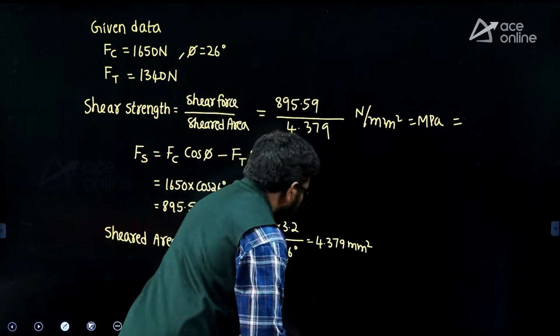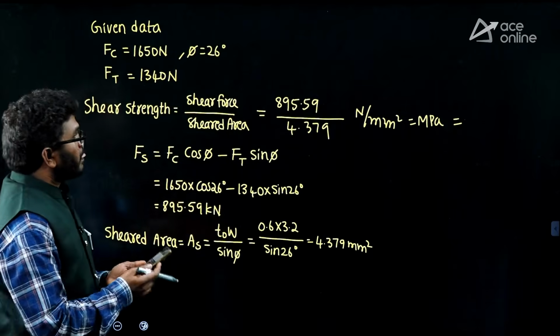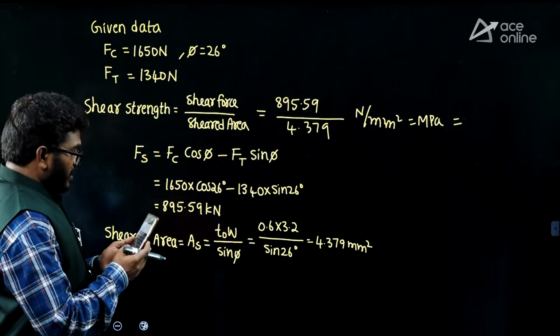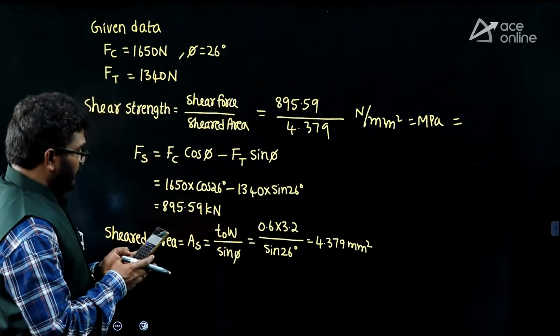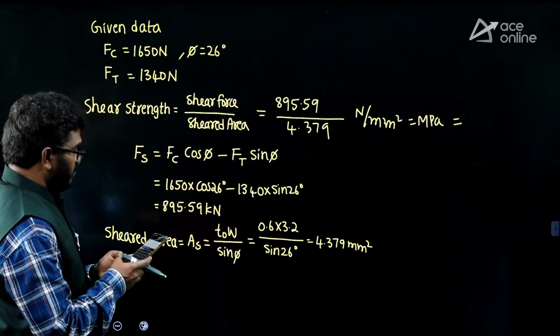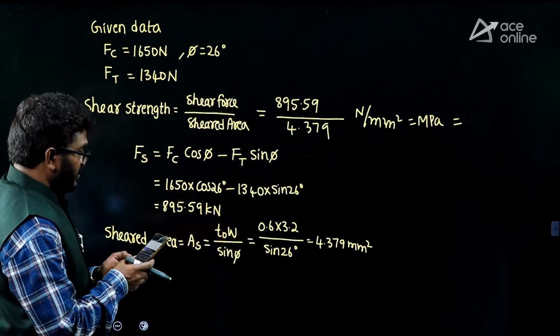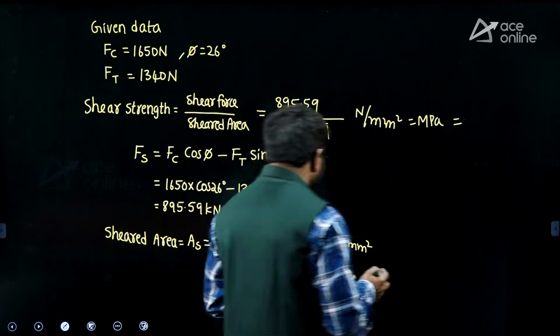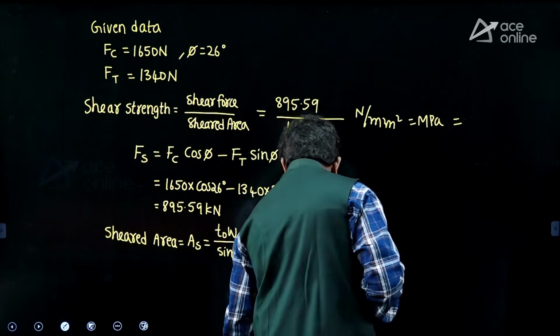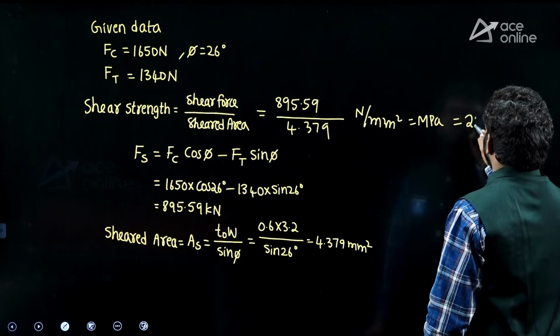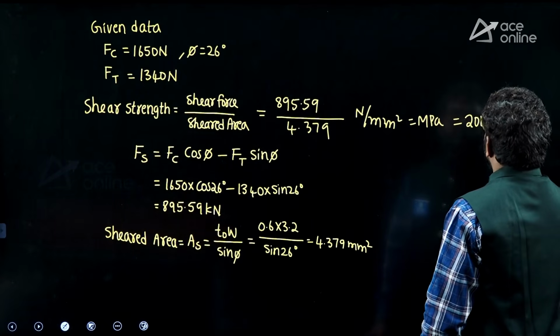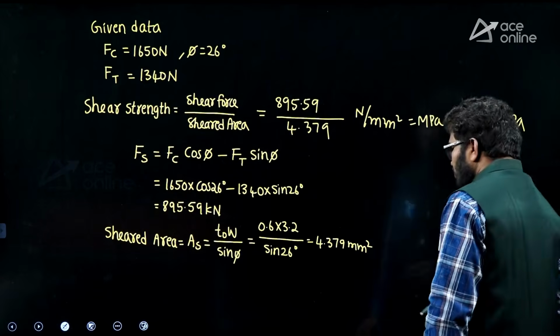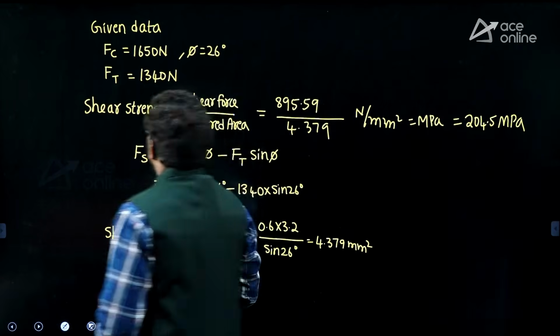Now, see here, calculate this value. 895.59 divided by 4.379, that is 204.5 megapascal.